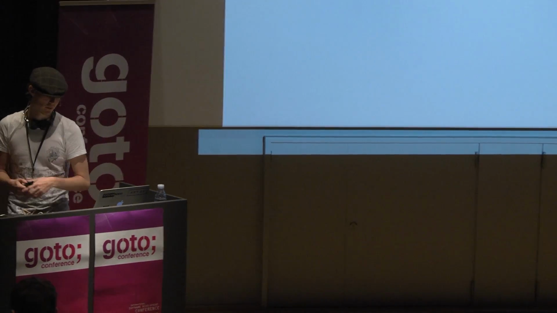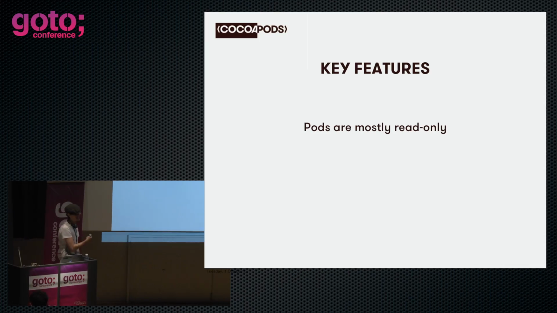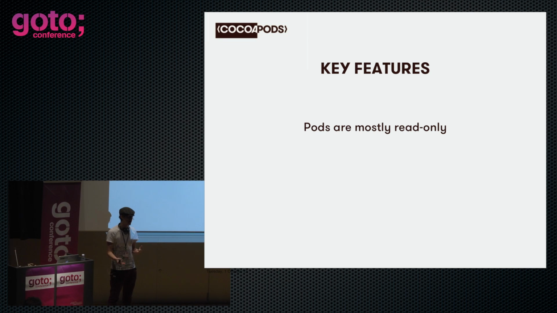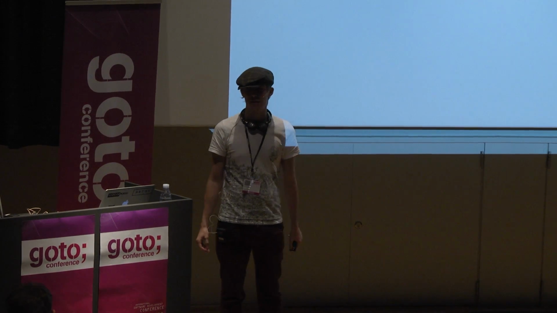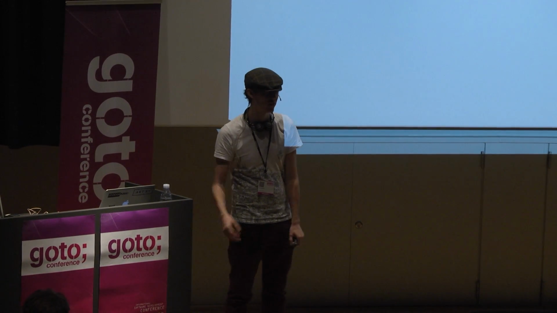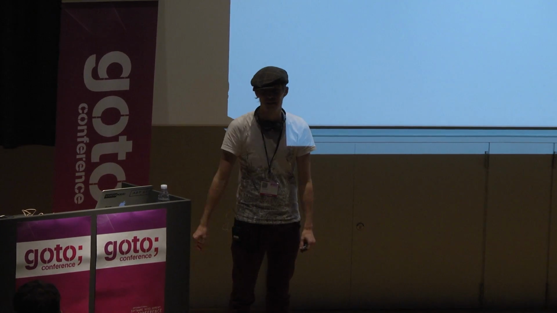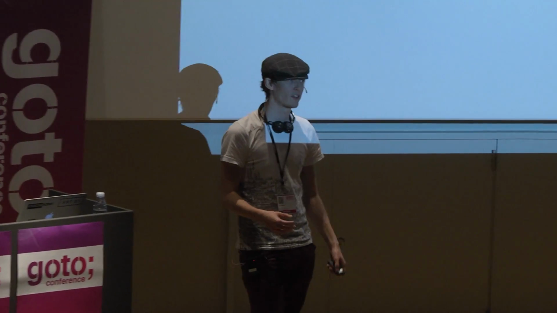So it turns out I'm actually about to talk about development pods. So pods are read-only. We don't think that you should be editing your dependencies. In things like rubygems, your dependencies are very well hidden away. You'd have to go into a system folder down in your terminal to actually edit these.